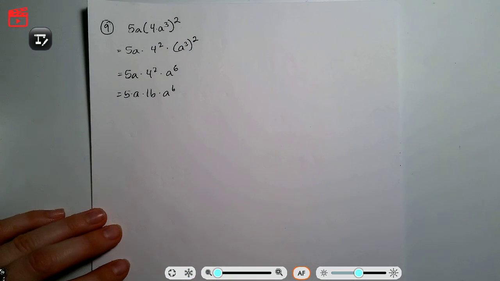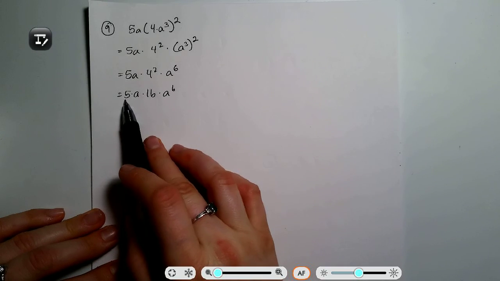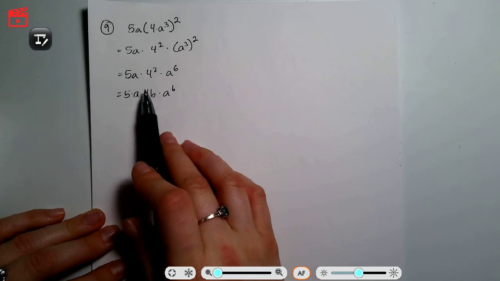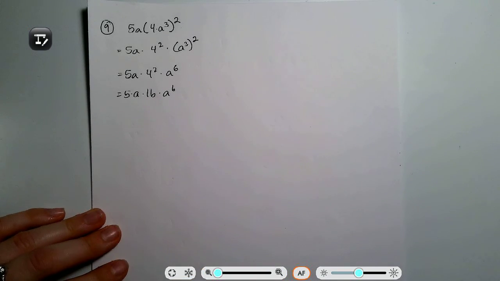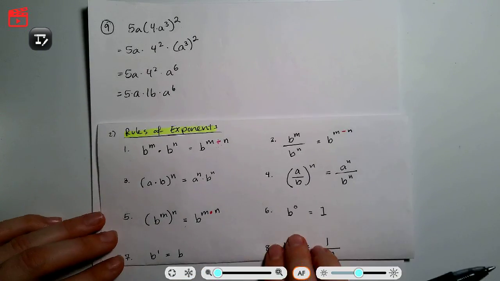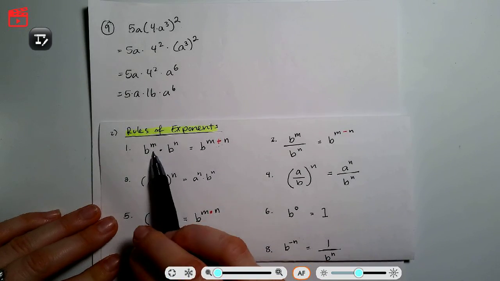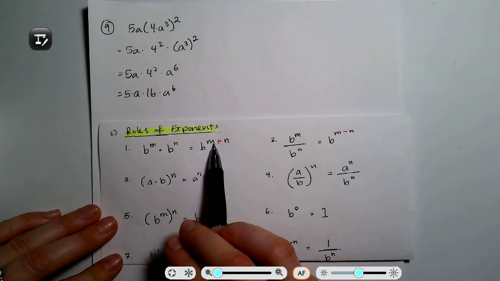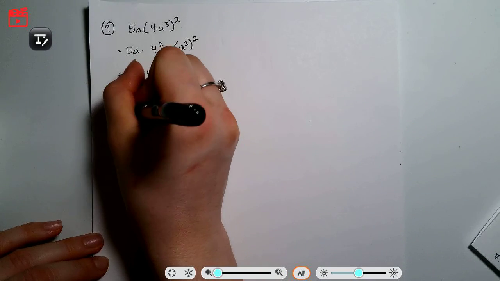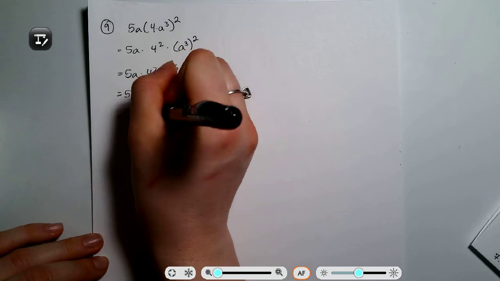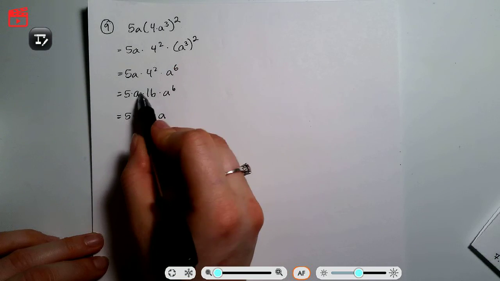Now let's see, do I have any bases that are the same that I can combine? There are no other 5s, and there are no other 16s, but there are 2 a's here. So I'm going to combine them using that first rule of exponents, where you keep the base and you add the exponents. So that's going to be, let me rewrite this, 5 times 16 times a, keep the base and add the exponents.